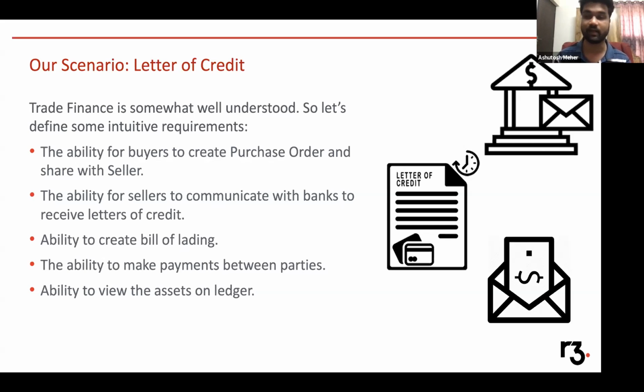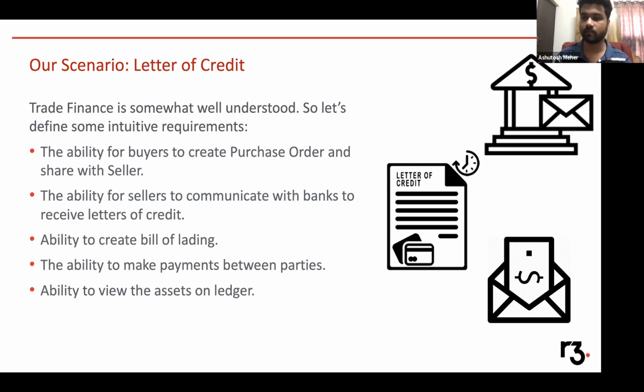Instead, they take a letter of credit from their individual banks, and once the bank provides them a letter of credit, the seller's bank would ask the seller to ship the goods. Once the goods have been shipped, the seller can then go ahead and get the payment from his bank, while the buyer's bank would pay the seller's bank, and then finally the buyer would pay the buyer's bank, which will complete the entire process.